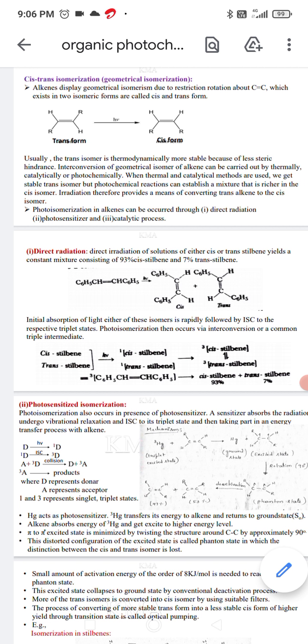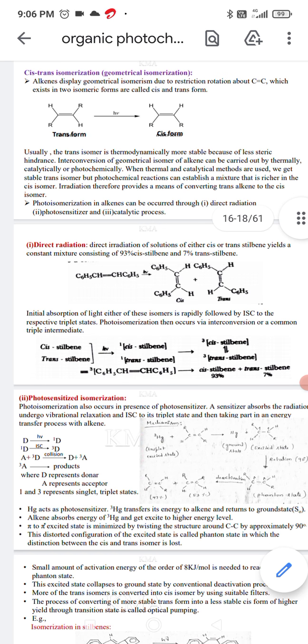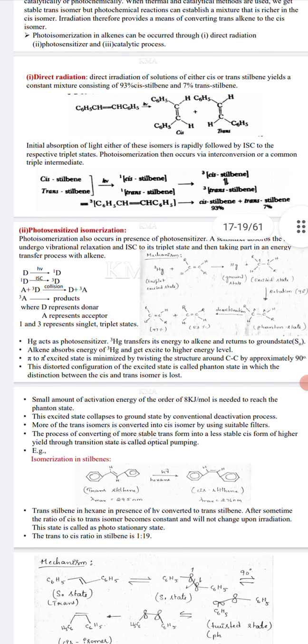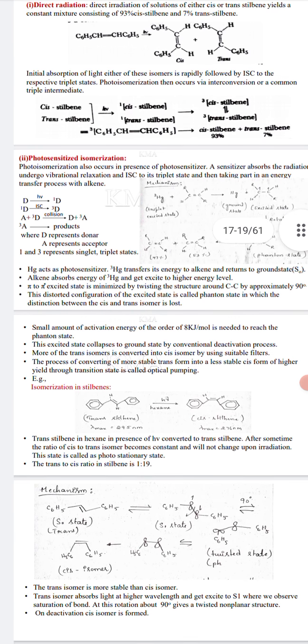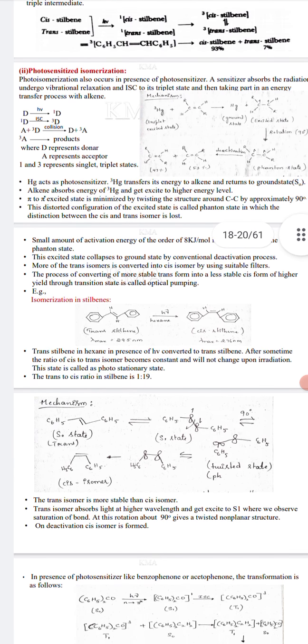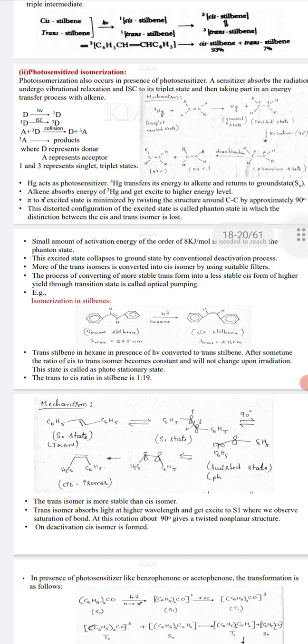If instead of direct radiation you go for a photosensitized isomerization, that is using a photosensitizer, photoisomerism also occurs in the presence of a photosensitizer.